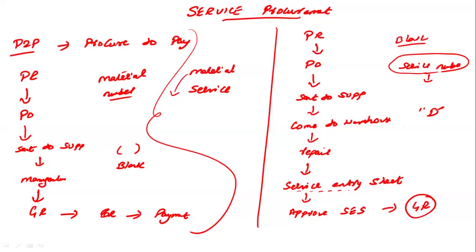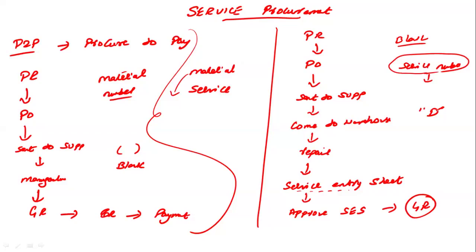Keep it very simple: if you want to buy a service, you use service procurement. You will create a purchase order the same way, but using item category D, and send it to the supplier. The supplier will come to your warehouse and repair it. Instead of a goods receipt, he will give you a service entry sheet, and you check it, approve it, and then the goods receipt is done automatically.